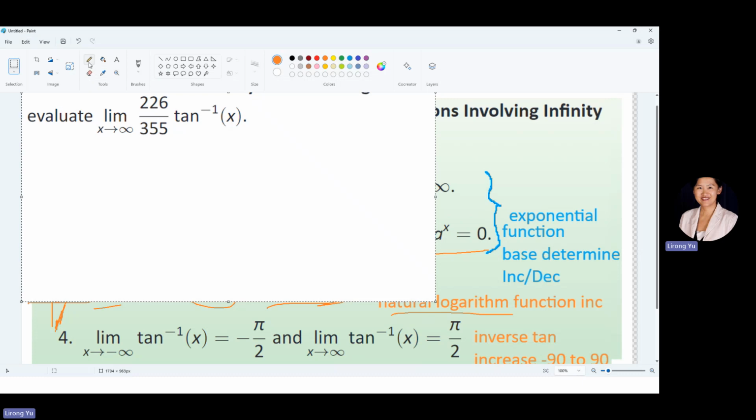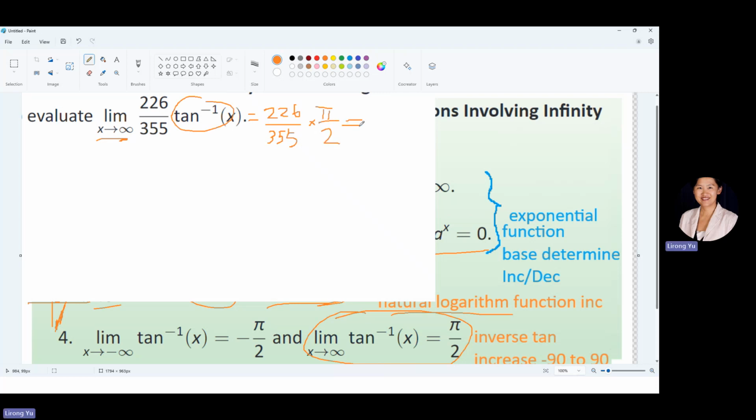Okay, so if we are calculating this limit, we just finished the calculation. If x goes to positive infinity, which is the right side behavior, it goes like this. We have the limit that was pi over 2. So the limit of this function equals 226 over 355, multiplied by pi over 2 times pi over 2.